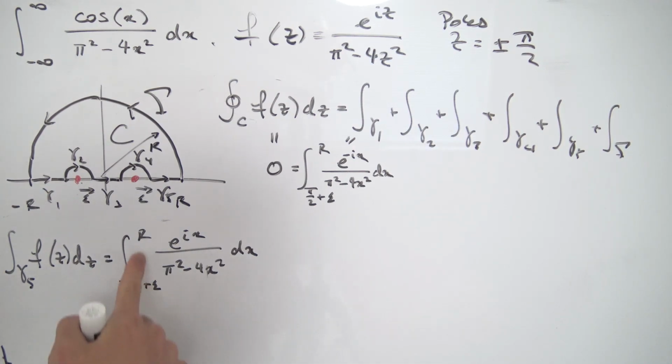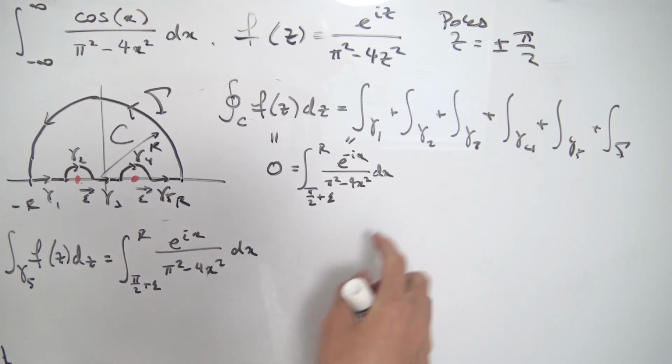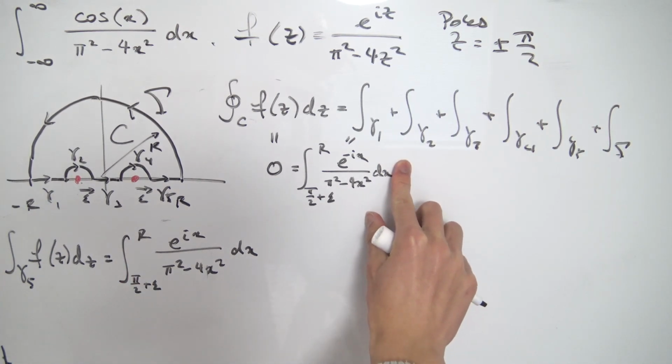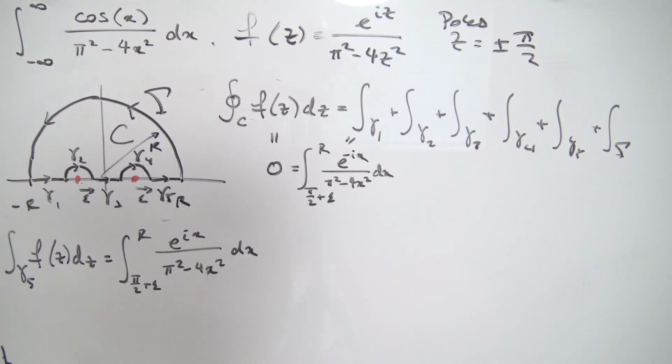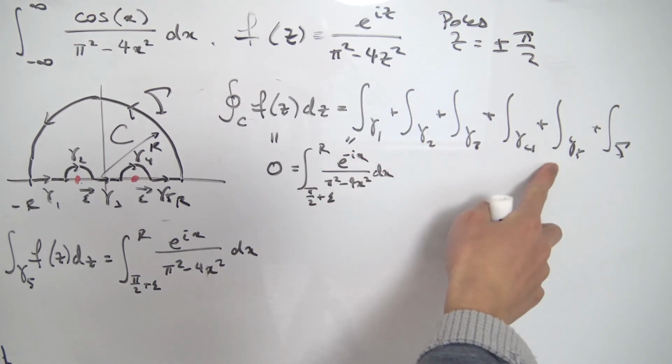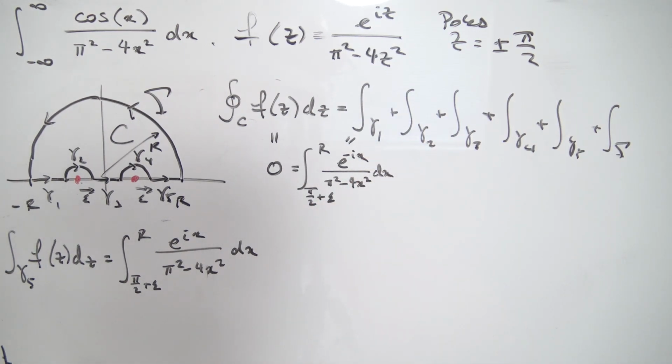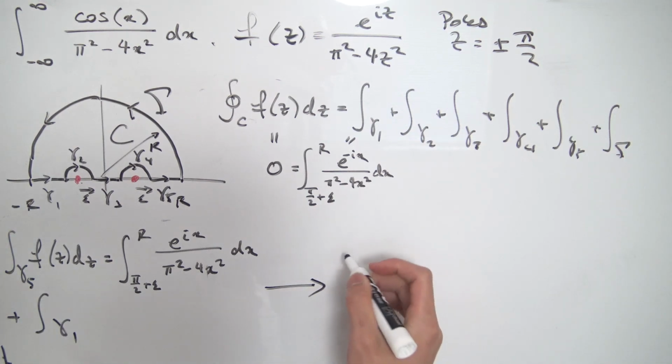Okay, notice one cool thing right here. The bounds of this integral of gamma 5 is the exact same thing as the bounds we currently have of gamma 1. And notice gamma 1 and gamma 5 will eventually be added up together. So let's actually just add them up right now. We know this is the expression for gamma 5, so what would happen if we just add on the integral over gamma 1? Well, what we would get is the integral.